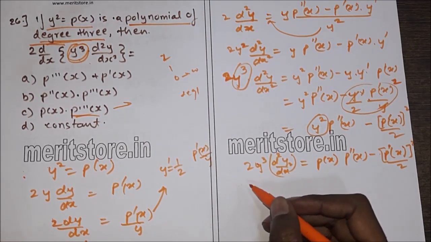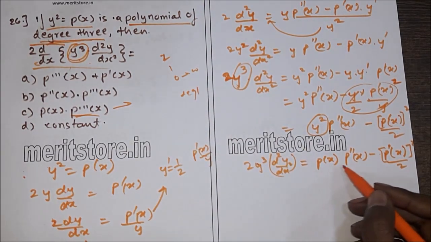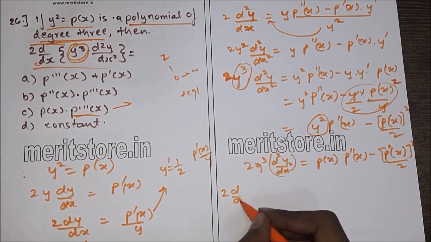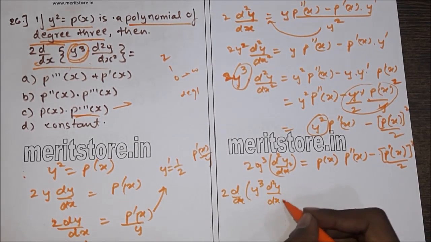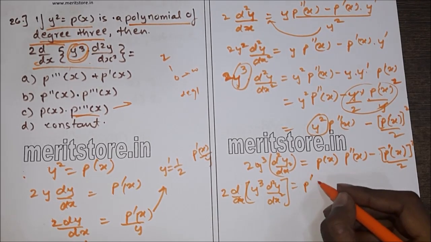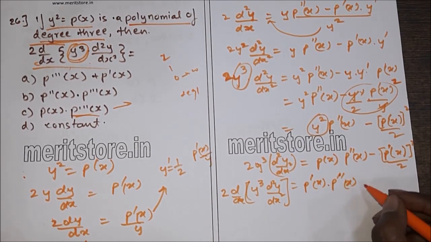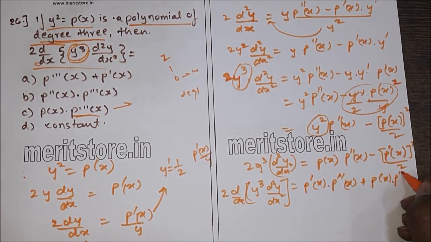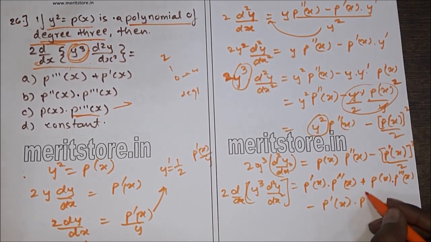So now we differentiate this again to get this term. Differentiating this again with respect to x, we get 2 times d by dx of y cube d2y by dx square is equal to p dash of x, p double dash of x plus p of x into p triple dash of x minus p dash of x into p double dash of x.